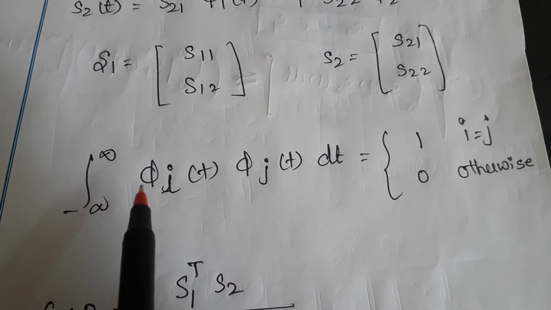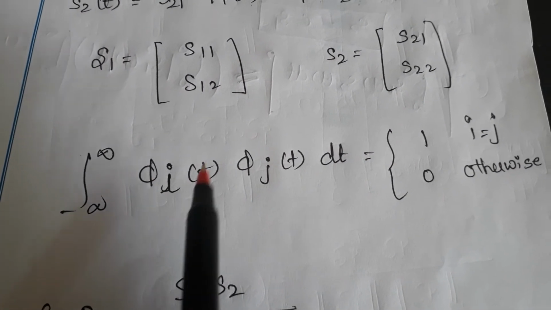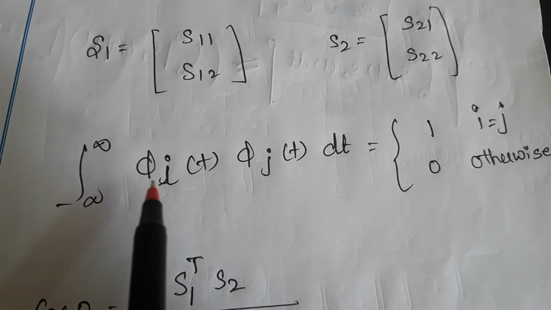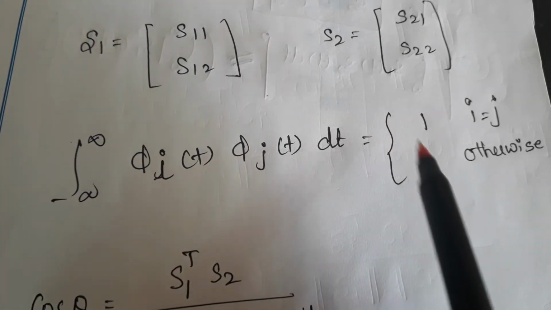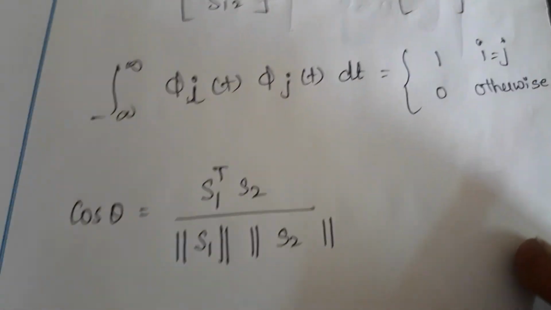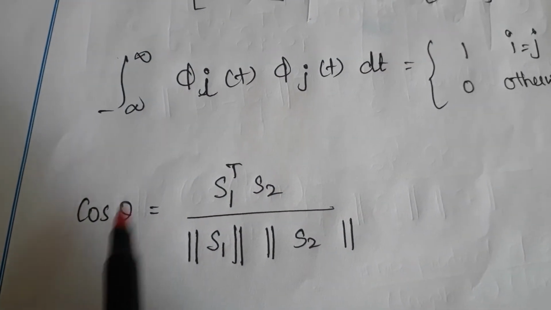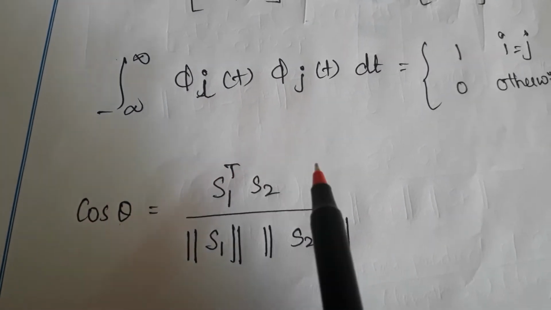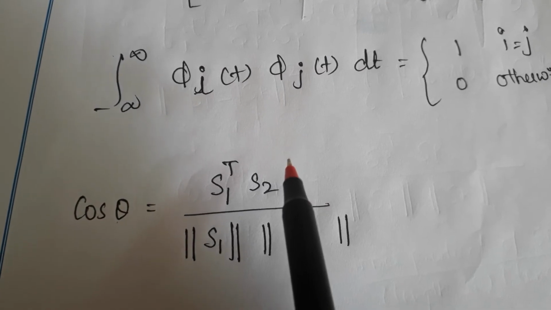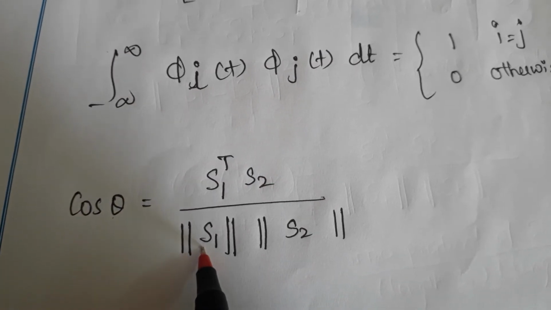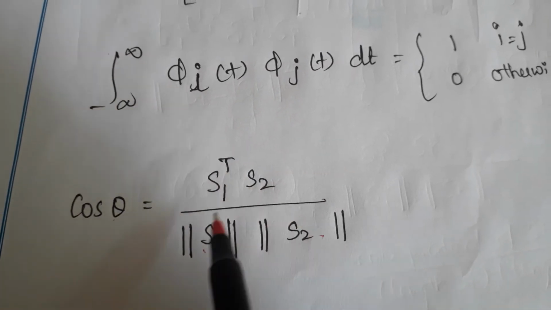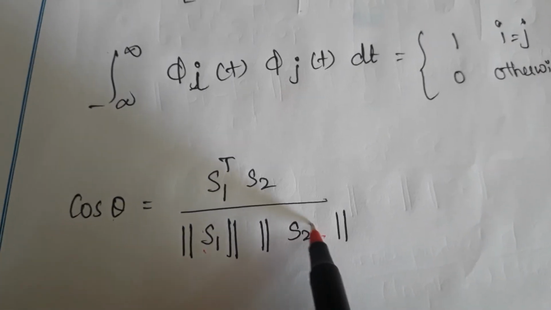Already I have explained phi i, phi j: if i is equal to j the value is 1, otherwise 0. Now let me go for cos theta. I have taken two signals S1 and S2: S1 transpose S2 followed by the absolute value of S1 and the absolute value of S2, that is the length of S1 and the length of S2.